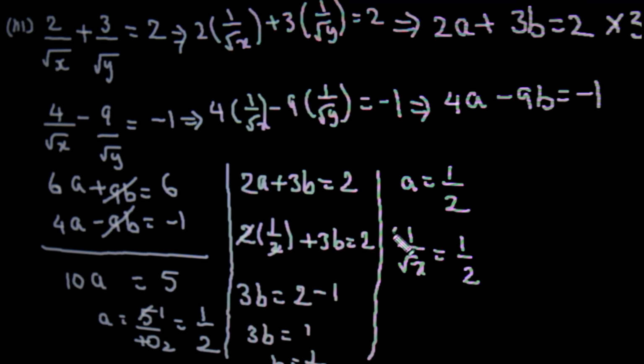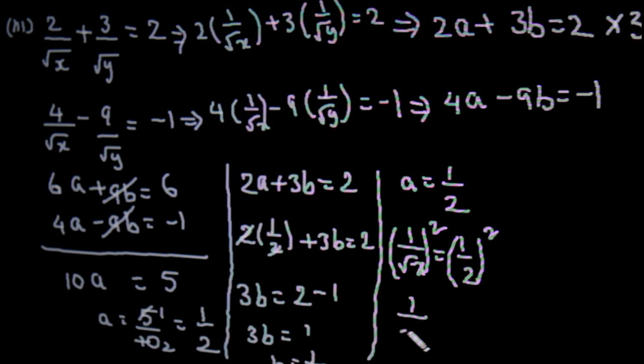Next step, you have to write it as the next step. 1 square is 1, root x whole square, square root gets cancelled. 1 by 2 square is 4. Reciprocate these two. x is equal to 4.